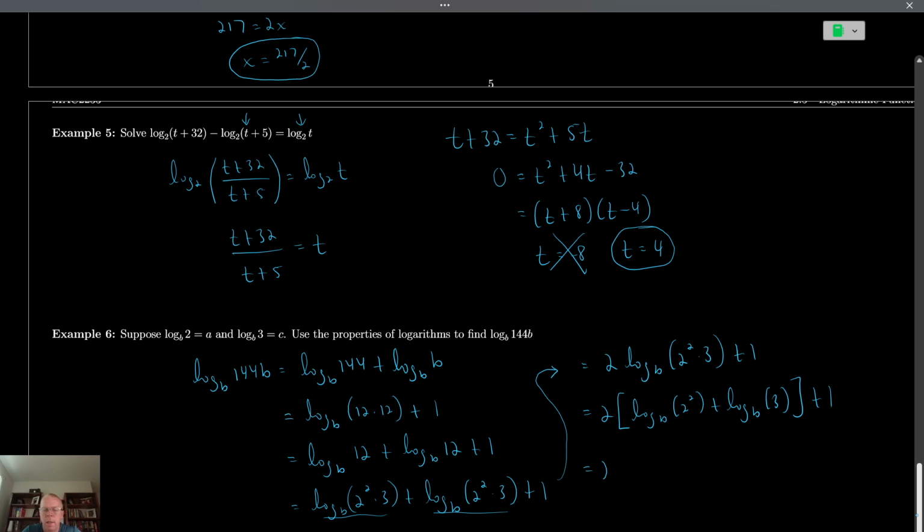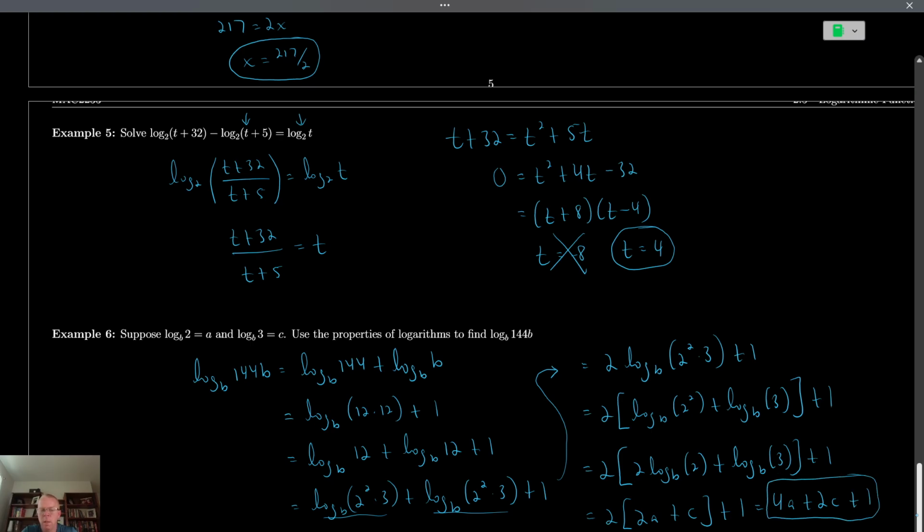Then we'll bring this exponent in front: 2 log base b of 2 plus log base b of 3. Now we can plug these two things in. Log base b of 2 is a, log base b of 3 is c. So this is 2 times 2a plus c, plus 1. Then we'll distribute that 2, and we get 4a plus 2c plus 1.